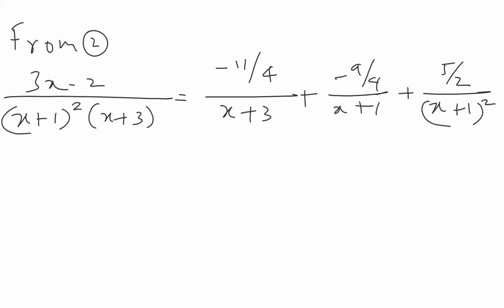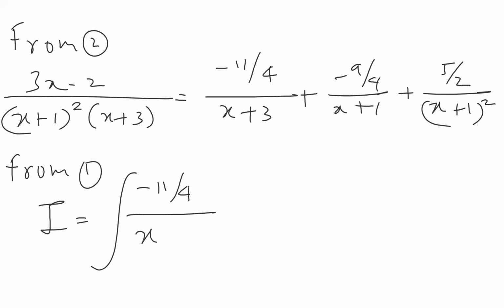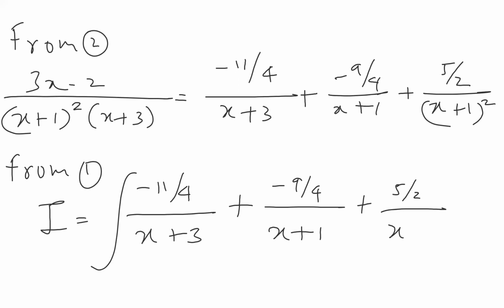From equation number 1, integration of minus 11 by 4 upon x plus 3 minus 9 by 4 upon x plus 1 plus 5 by 2 upon x plus 1 the whole square dx. Now we can individually integrate this.